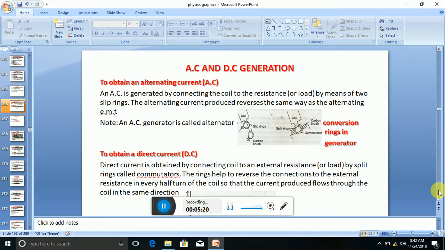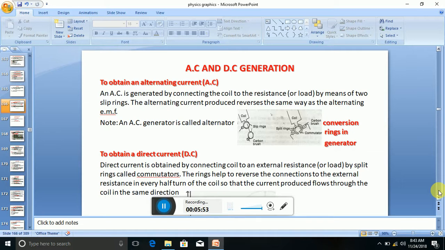AC and DC generation. Whenever you hear the word AC, it means alternating current, whereas when you hear the word DC, it means direct current. To obtain alternating current, an AC is generated by connecting the coil to the resistance or load by means of two slip rings.